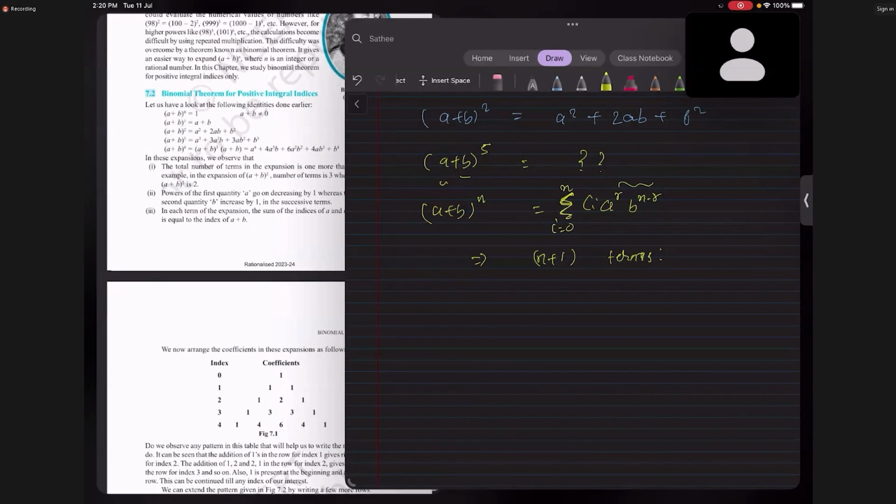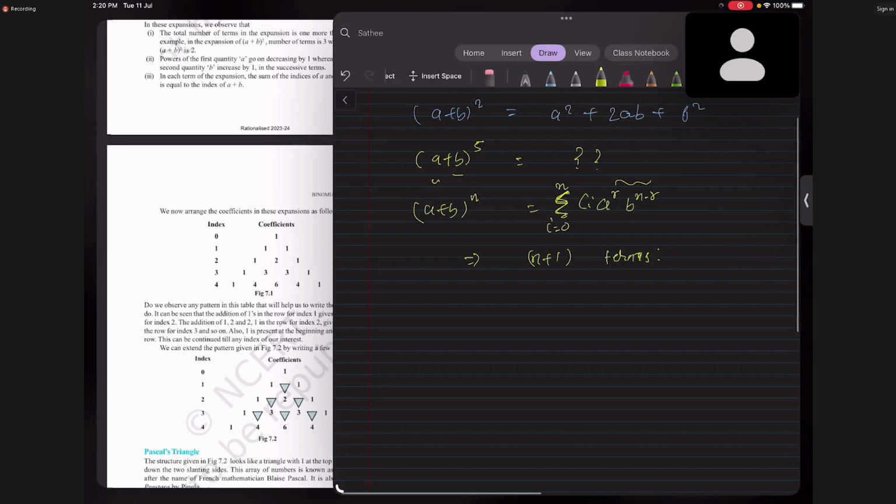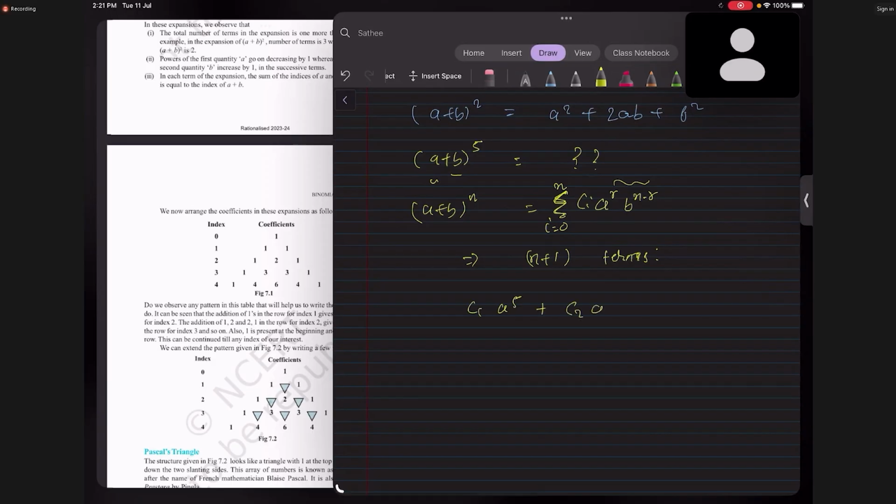If we go with something called Pascal's triangle, Pascal was the first to analyze the coefficient relationship for these kinds of exponents. There will be terms like c1 a to the power 5, plus c2 a to the power 4 b to the power 1, plus c3 a to the power 3 b to the power 2, plus c4 a to the power 1 b to the power 4, plus c5 b to the power 5.